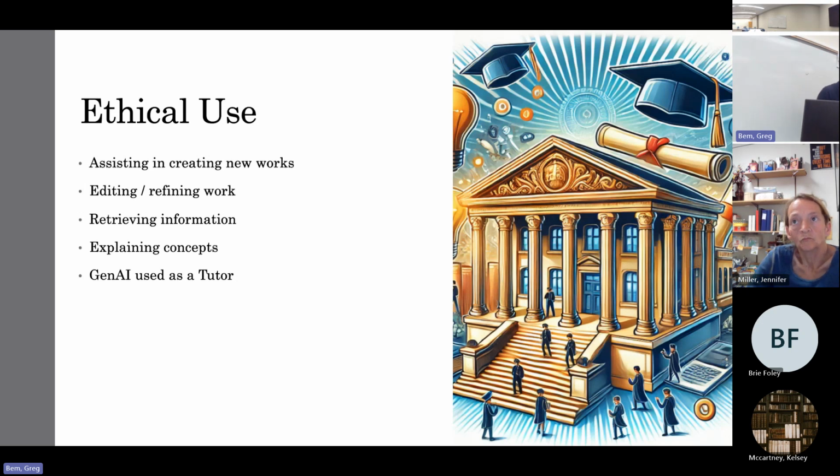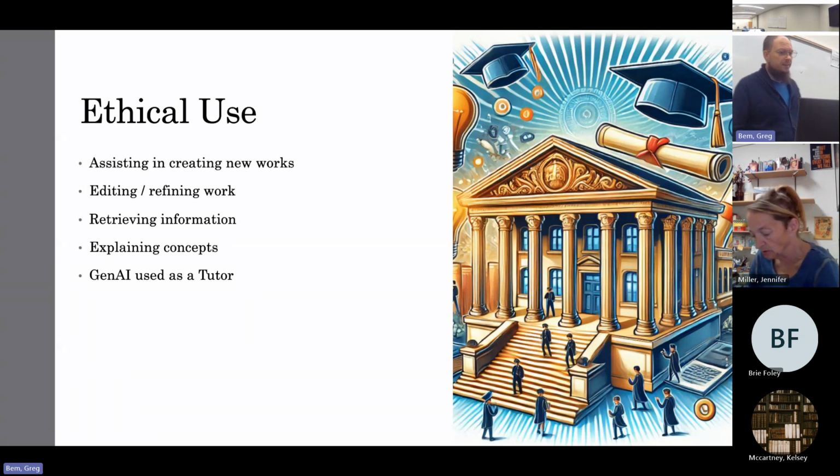A couple other ways, and the first bullet point speaks to that: assisting in creating new works. Editing and refining work. There are countless ways that you can ask these tools to help you edit work that you've already created or provide feedback on it, even if the feedback it gives you is that what you did is really good. That has been the case professionally for me.